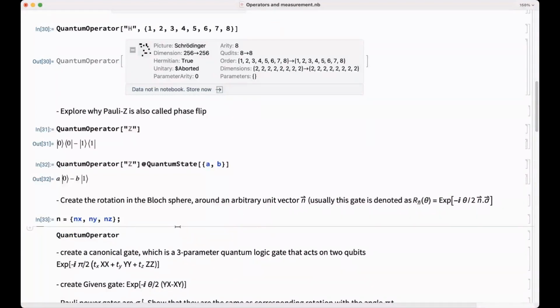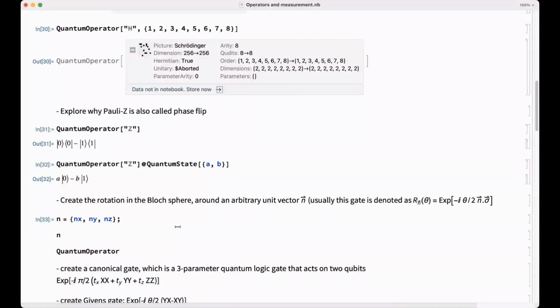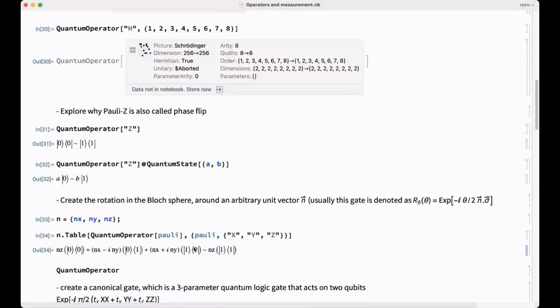If I knew nothing about how things work, I would do something like a table of Pauli matrices, or maybe even a quantum operator. I know these are my Pauli things. Create 3 Pauli operators, I just create a new one like that.